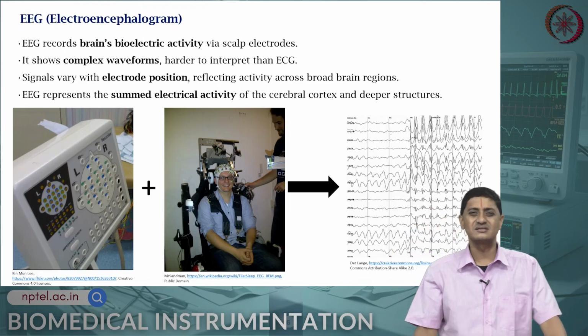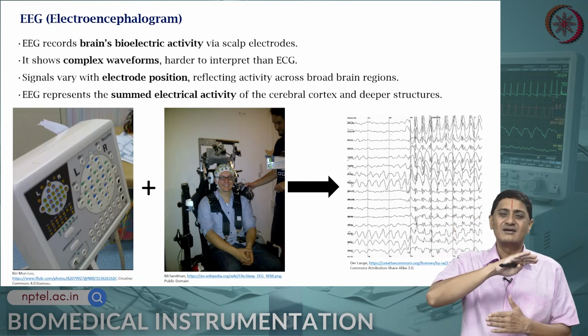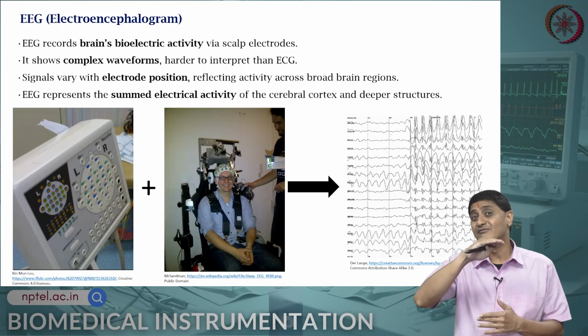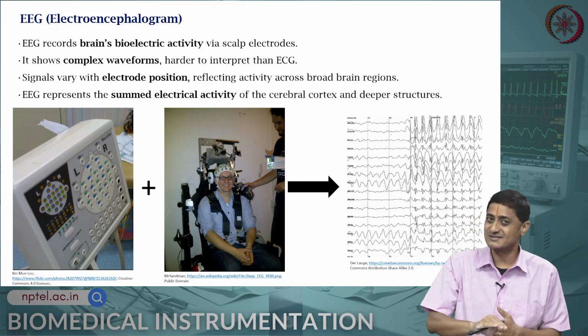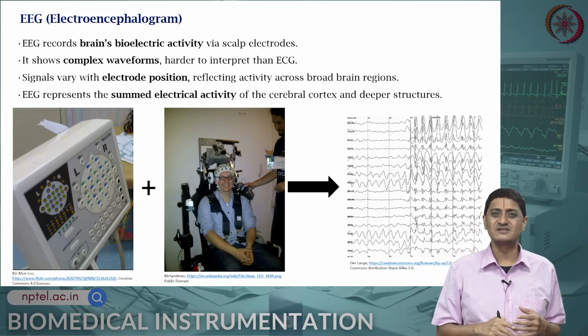Now, let us study that situation, because the brain activity may be happening way below the surface due to volume conductor effects. In a previous video, we have discussed volume conduction.